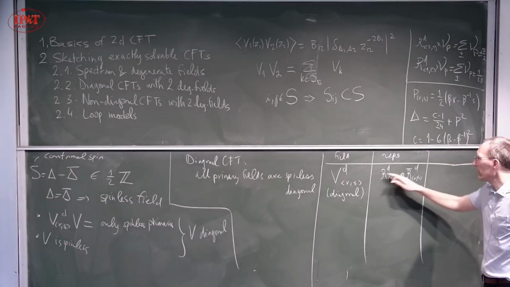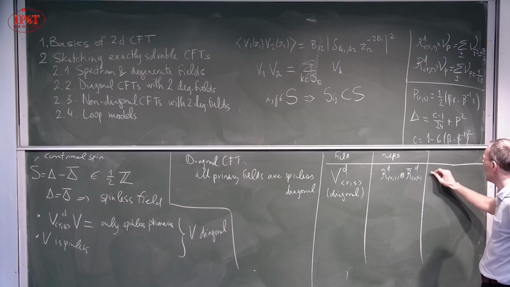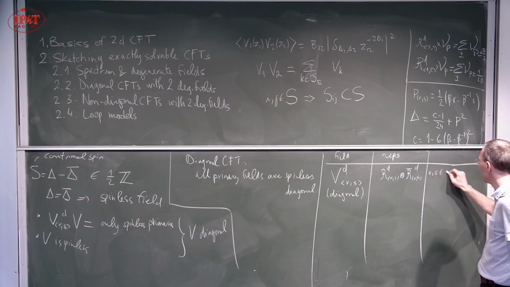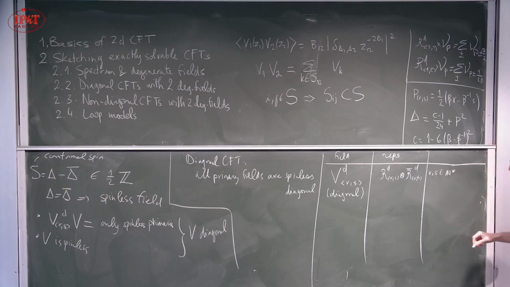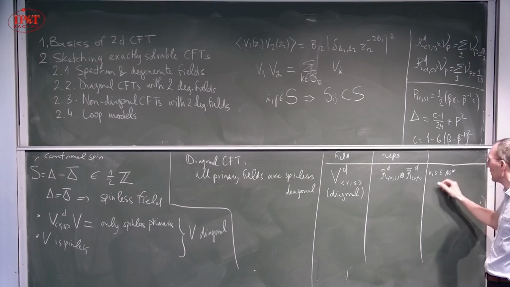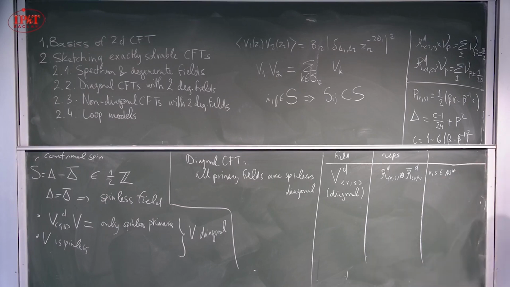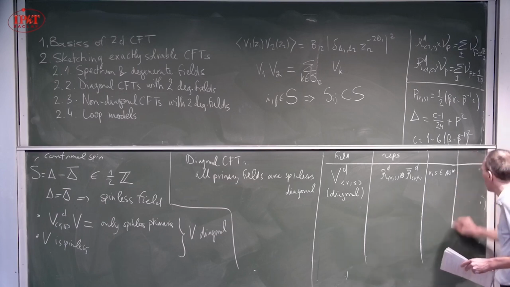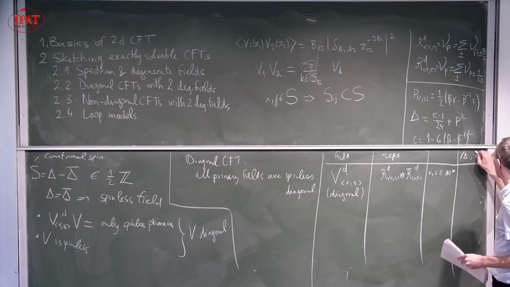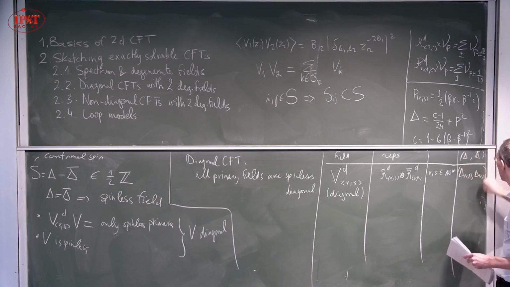Okay, so these fields are supposed to exist for R and S positive integers, and the central charge for the moment is anything. And their conformal dimensions, left and right, by definition, are delta RS and delta RS, the same on the left and on the right.